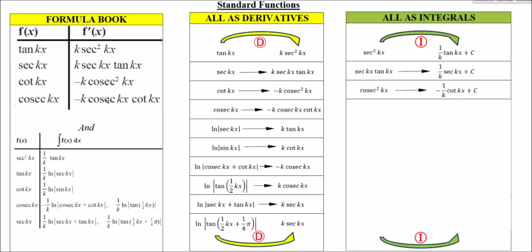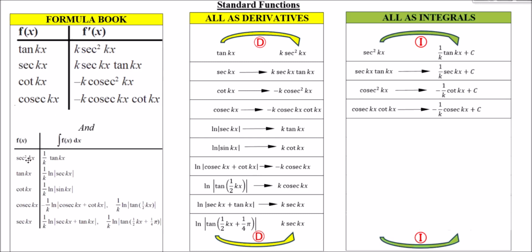Then this bottom line, if I wanted to just integrate cosec kx cot kx without the minus k, adjusting by dividing by minus k, I can see that if I integrate cosec kx cot kx, I would get minus 1 over k cosec kx plus c. And this final bit, we can just add on without any adjustments.